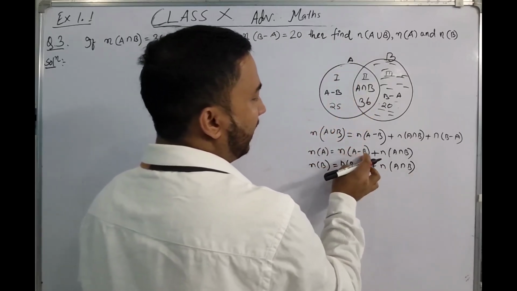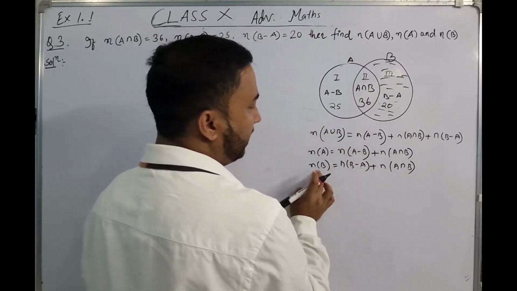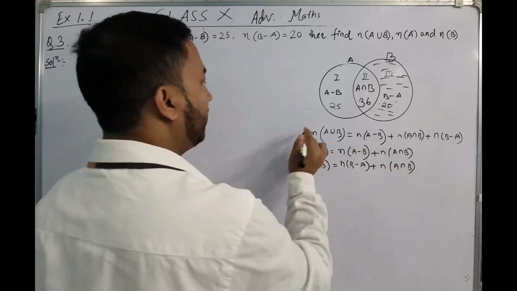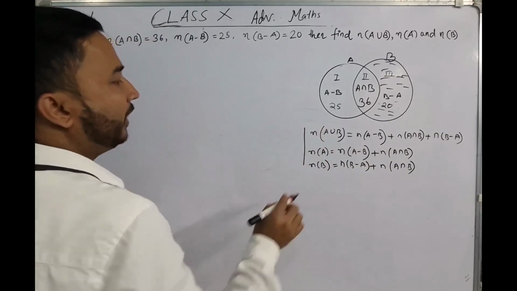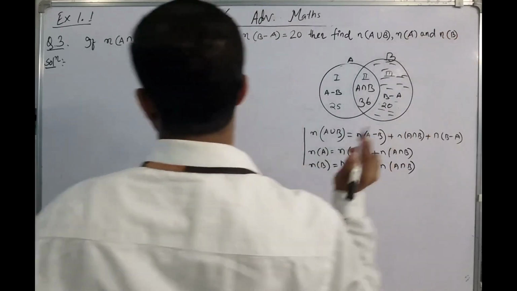So this is the number of A difference B plus the intersection to get the number of A, and the number of B difference A plus the intersection to get the number of B. This will be the formula from where we get the number of A union B, the number of A, and the number of B.